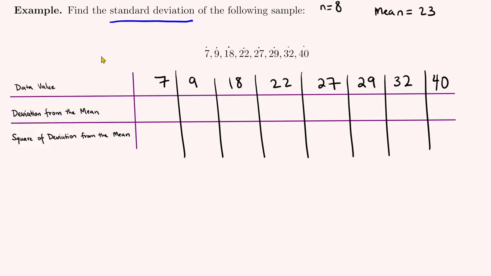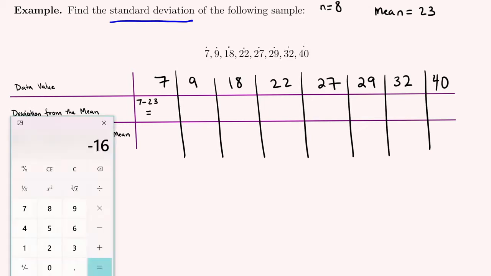Now to find the deviation from the mean, we know we always take the data value and subtract that from the mean. 7 minus 23 will give us negative 16. 9 minus the mean of 23 gives us negative 14.